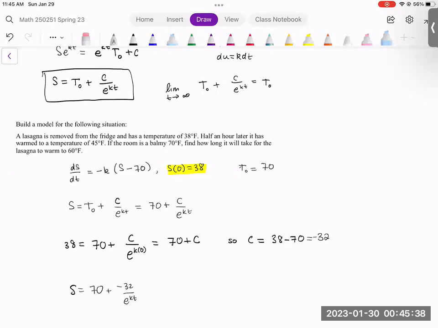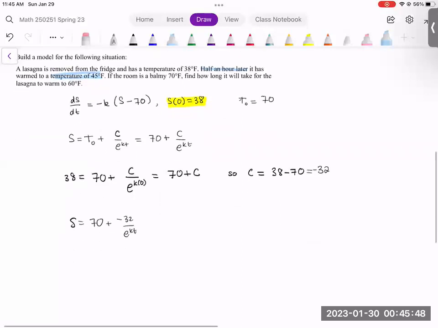It says that half an hour later, we've warmed to a temperature of 45 degrees Fahrenheit. So if we're looking at our temperature in terms of hours, we know that S of 0.5 is equal to 45. And so we can put these values into our equation.